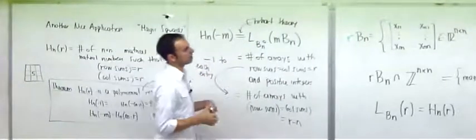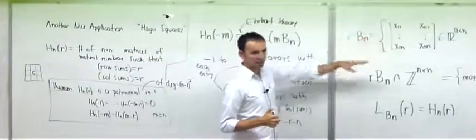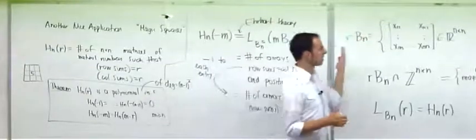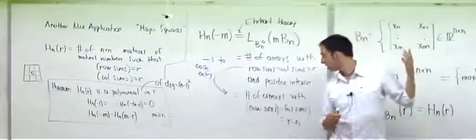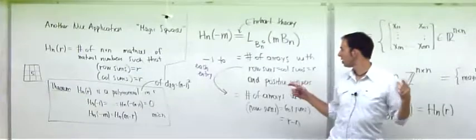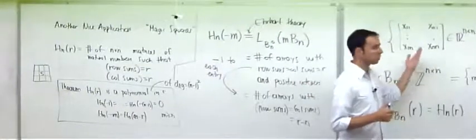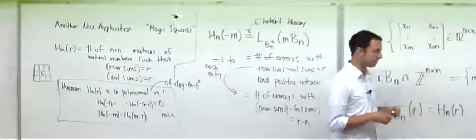So then instead of getting positive integers, I get non-negative integers. And instead of things adding up to R, they add up to R minus N.